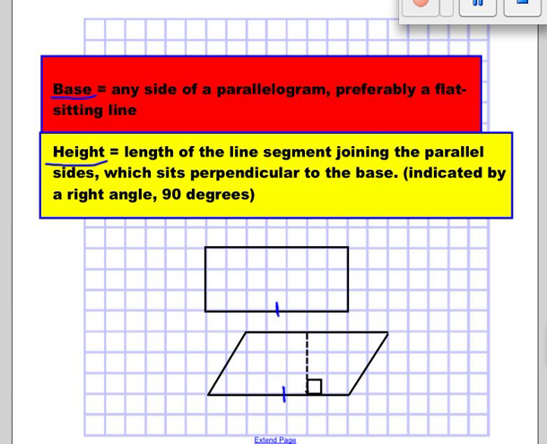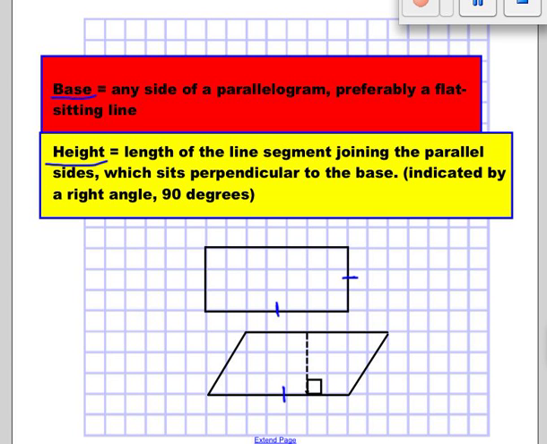The height. Now the height's a little different. The height is the length of the line segment that joins the parallel sides, but it has to sit perpendicular to the base, which is indicated by a 90-degree angle or a right angle. So the height is any line that I can draw that would connect the opposite parallel lines.